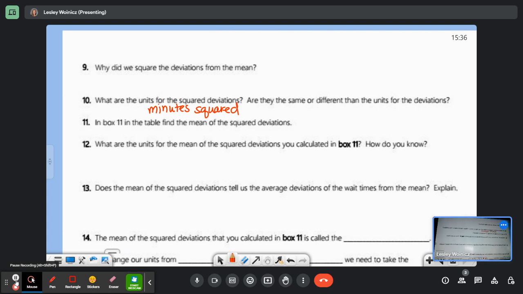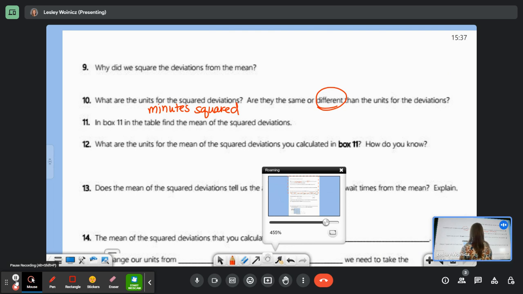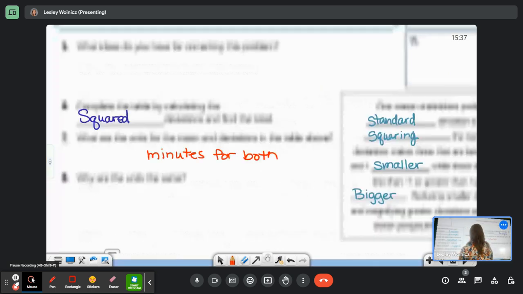If one is minutes and one is minutes squared, that's obviously different, right? Okay, in box 11, in the table on the other page, find the mean of the squared deviations.